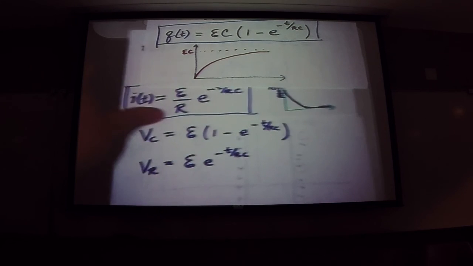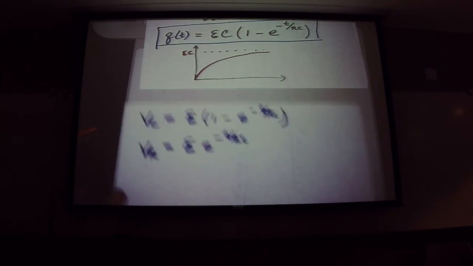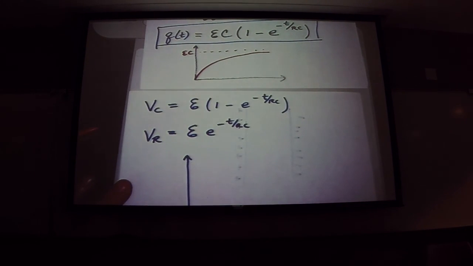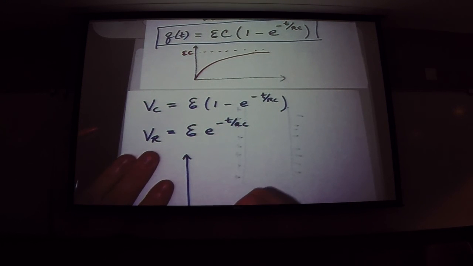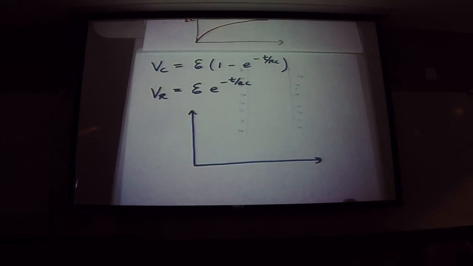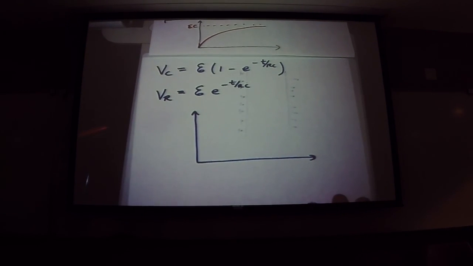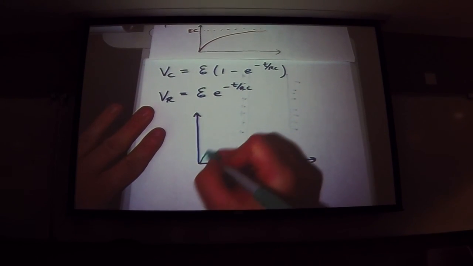So if you look at what happens in terms of the voltages as a function of time, the voltage across your capacitor builds up.